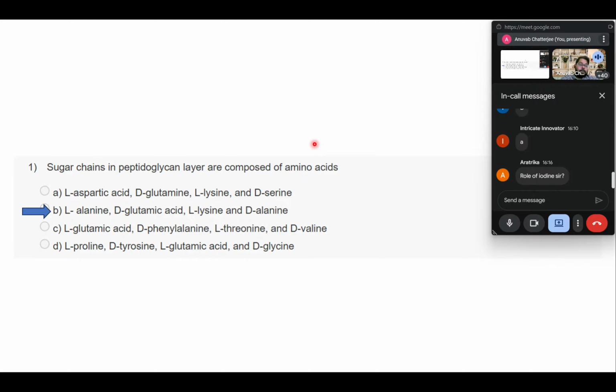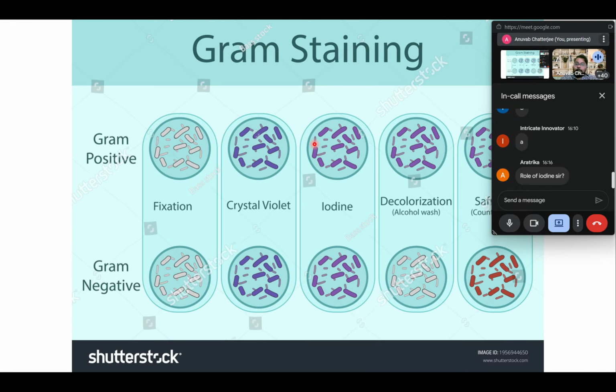So Aratrika asks about the role of iodine, good point, Aratrika. So crystal violet by itself is a dye that can suffuse into the cell wall. What iodine does is that it makes a complex with crystal violet and causes it to be difficult to wash off. And that is why during the decolorization step, the gram-positive bacteria do not let go of the crystal violet.